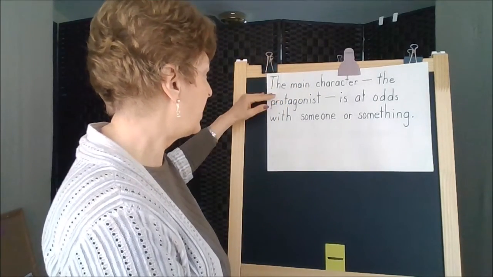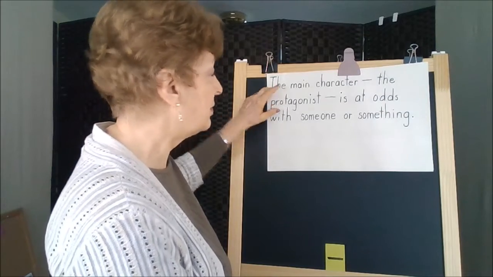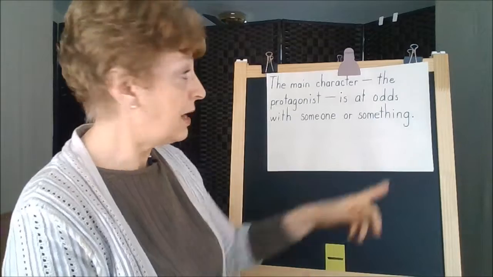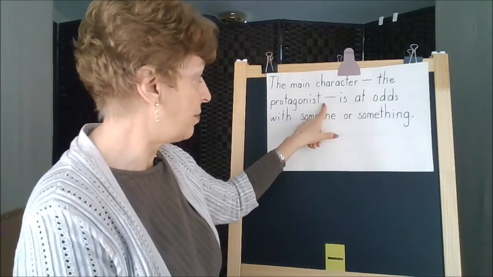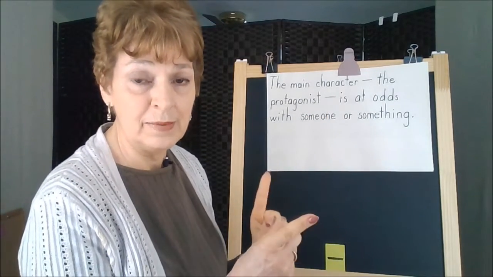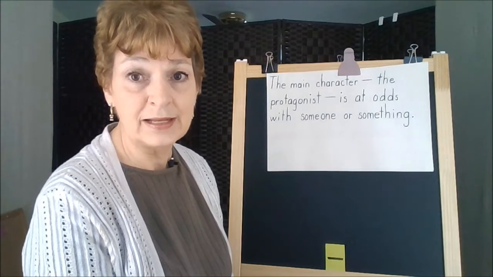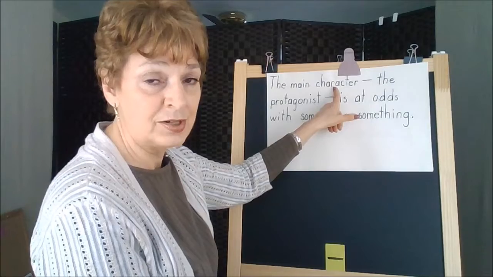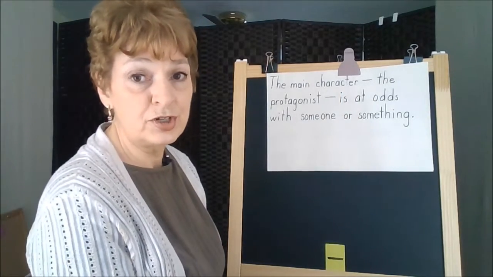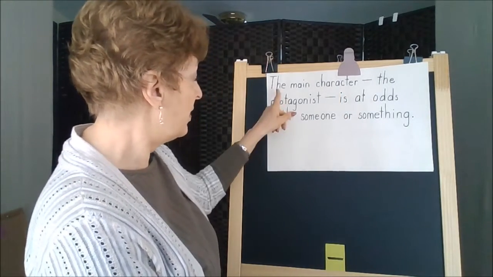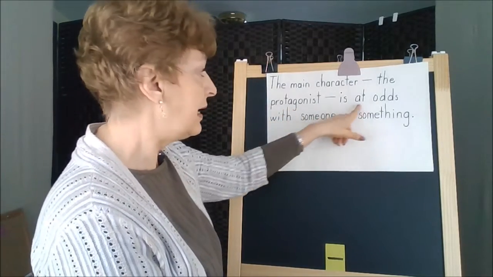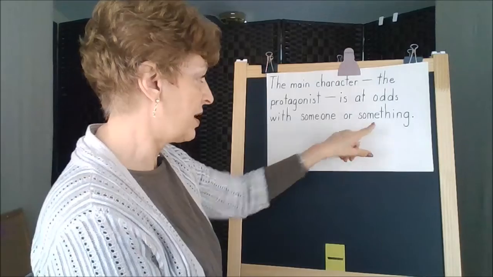So in this particular case, the main character, the protagonist, we could have put commas here, enclosed the protagonist in commas, and used it as an appositive, telling about defining the main character. But this is just another choice. The main character, the protagonist, see it's an explanation, is at odds with someone or something.